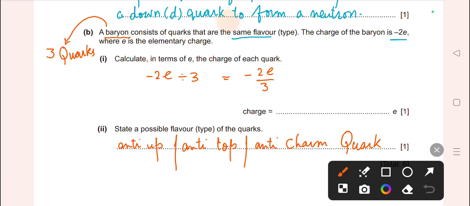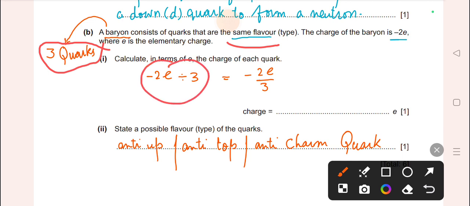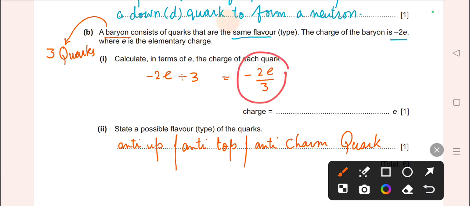In a baryon, which is made up of 3 quarks, all are of the same type. So how would you get the charge of 1? You just divide the total charge by 3, right? It is similar to if you knew the cost of 3 chocolates, you divide the total cost by 3, and you get the cost of 1 chocolate, right?